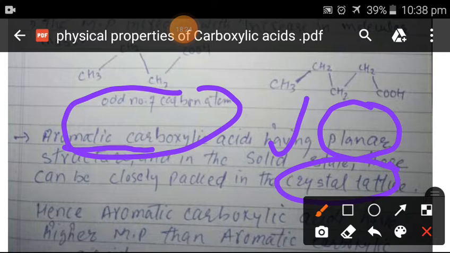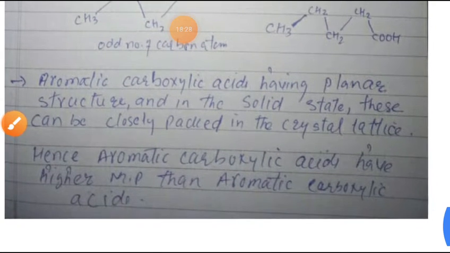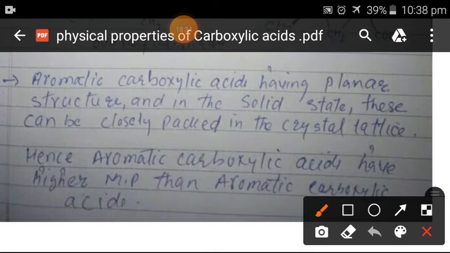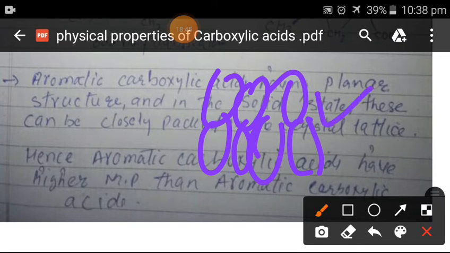You must have learned about close packing in three dimensions in the solid state. So you better know how the molecules get close packed. When the molecules get close packed, the more the close packing, the less is the space.